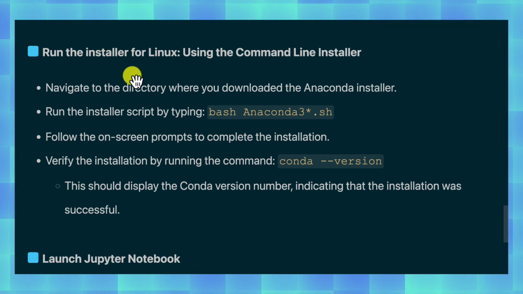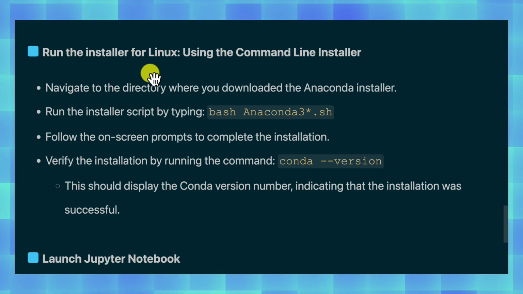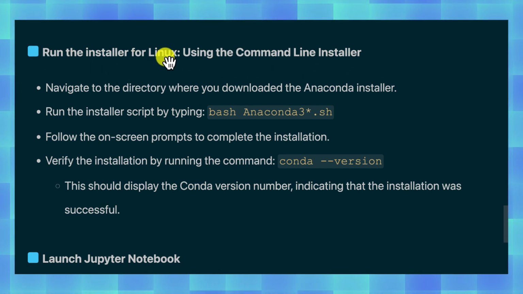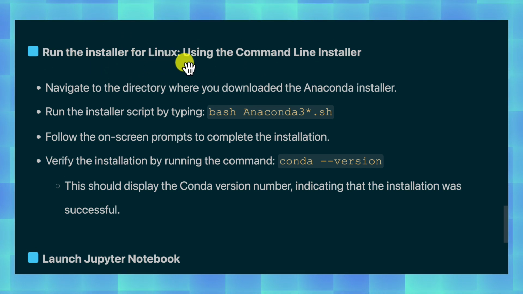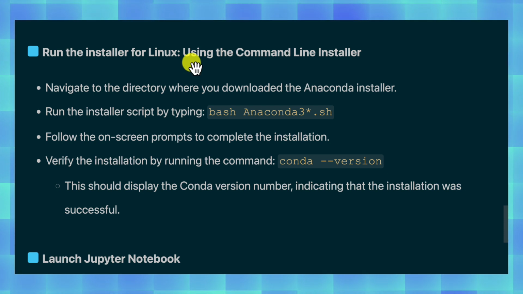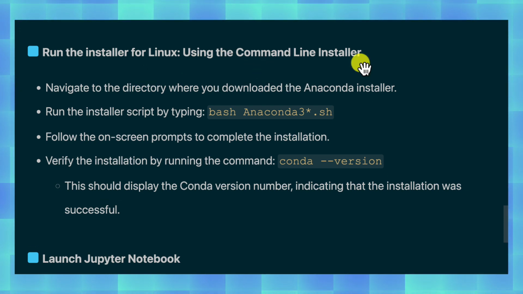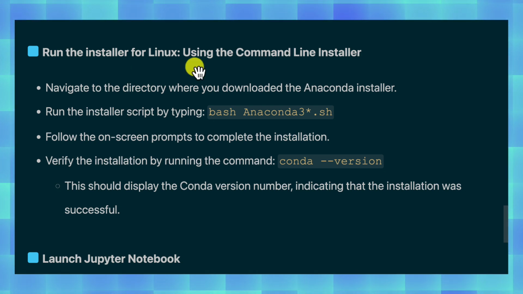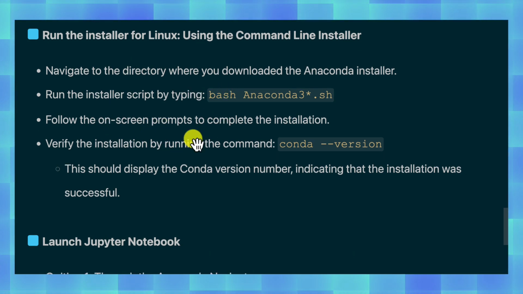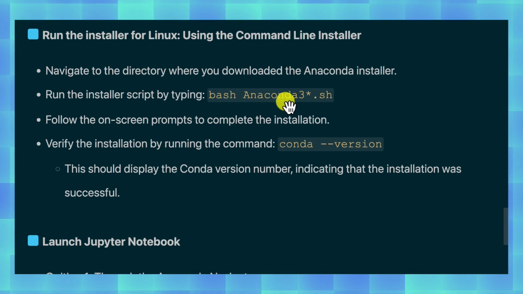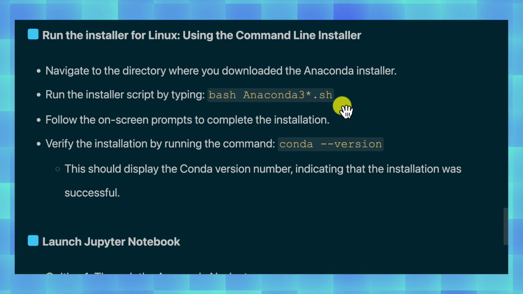We also talk about how the installation of Anaconda on a Linux machine is very similar to that of installing Anaconda on a Mac using the command line installer. So basically you download the installer and use the bash command to install it.